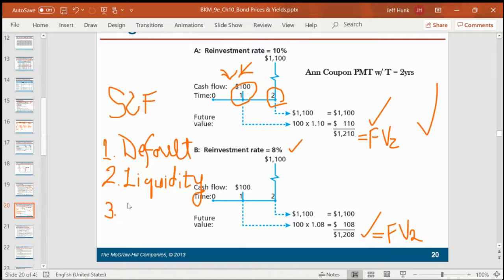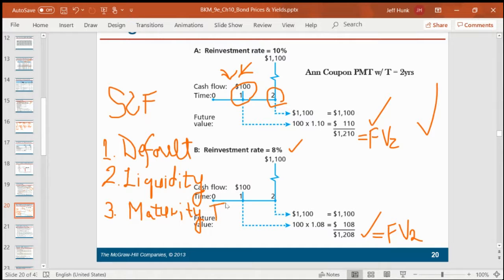The third risk is the maturity risk. Maturity risk is also called interest rate risk. It goes by many names. And why maturity risk? Because the longer the maturity, there's a lot more uncertainty about interest rate changes, right?